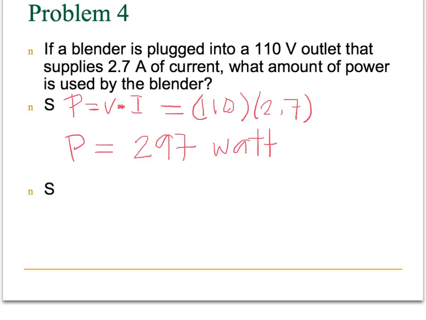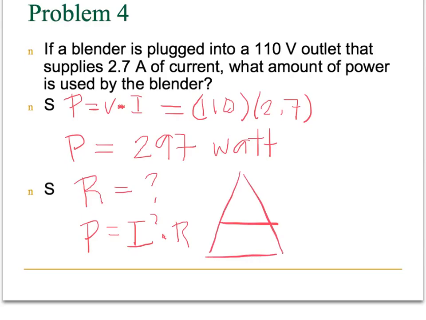Let us try to solve also for resistance. What if we are asked to solve for R? Using the equation for power, we have this equation, P is equal to I squared multiplied by R. So we can actually fit this in a triangle. So you have P, you have I squared, and then R. So if we are looking for R, what would be our equation?